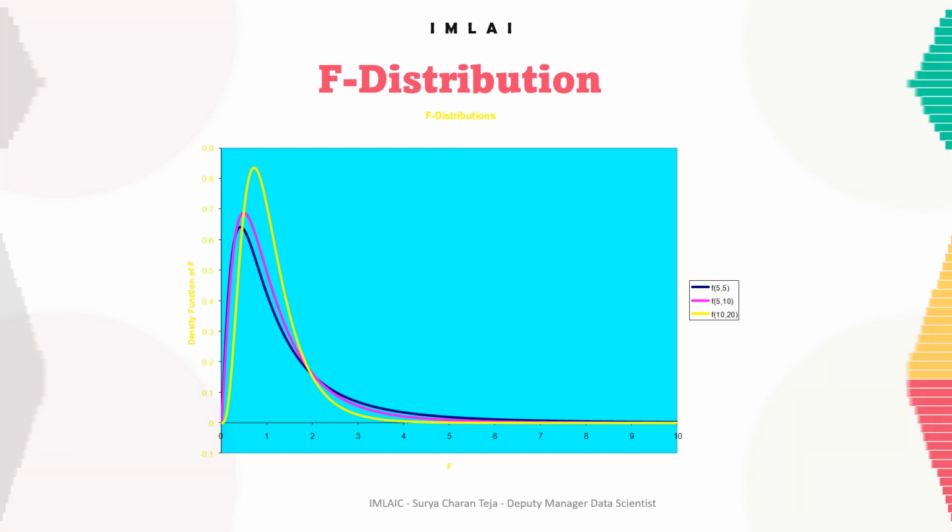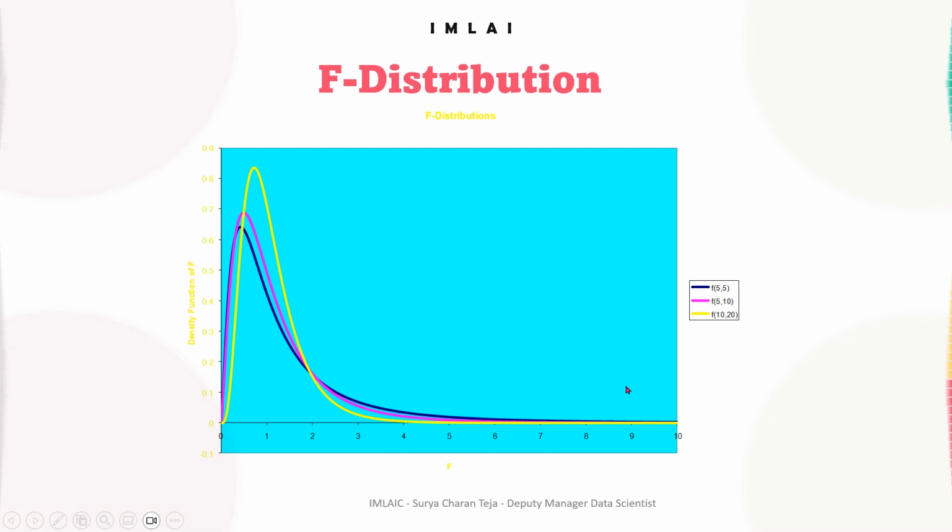Some of the properties of the F distribution: it is a right skewed distribution with values ranging from 0 to infinity.